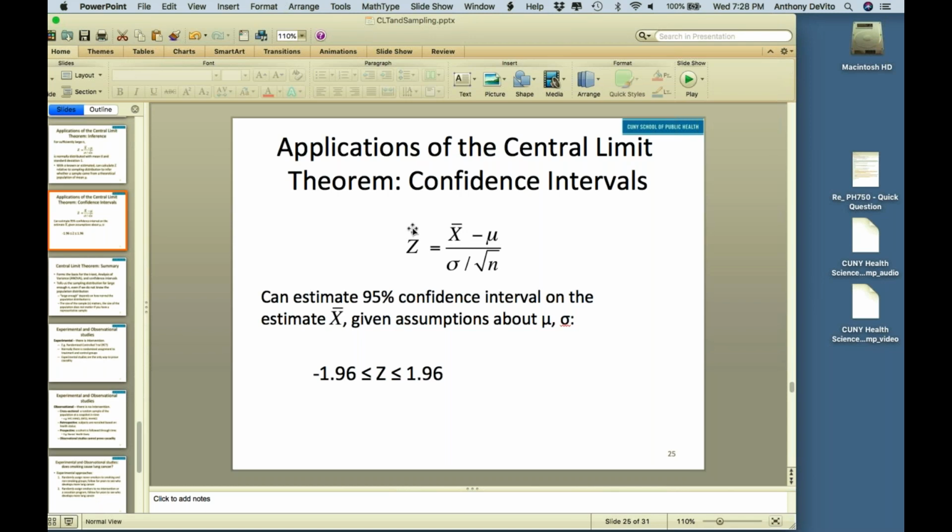Okay, and inevitably, what I can do with this z is I know that the likelihood that z is 2 standard deviations below what the real population mean is, or 2 standard deviations above what the real population mean is, the chances of that happening are only 2.5% below and 2.5% above.